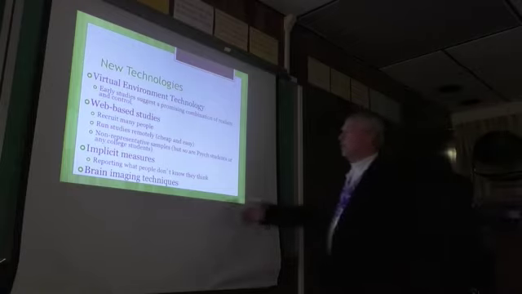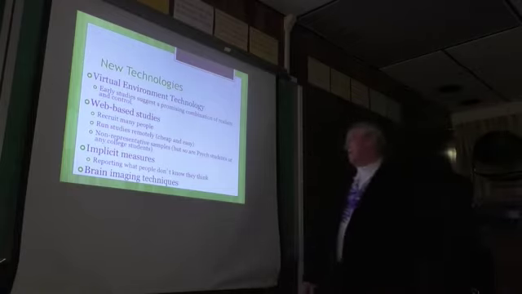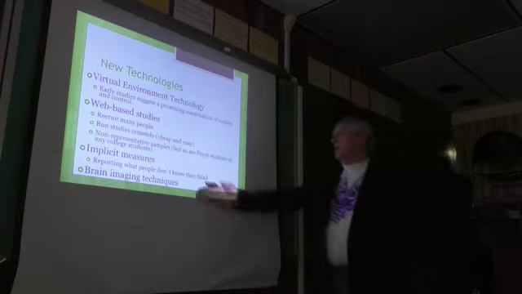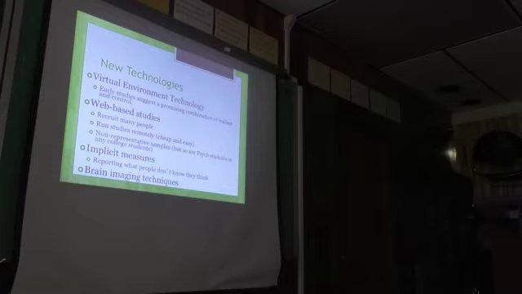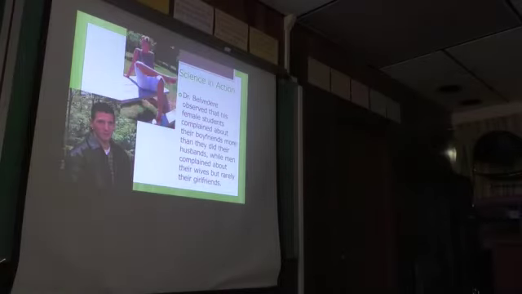Implicit measures report what people don't know that they think. Brain imaging techniques are another way that we can use these new technologies. Anyway, let's talk about another experiment. So we put together our experiment. I'm betting that the stronger the culture, the less likely the individual is to be pregnant.